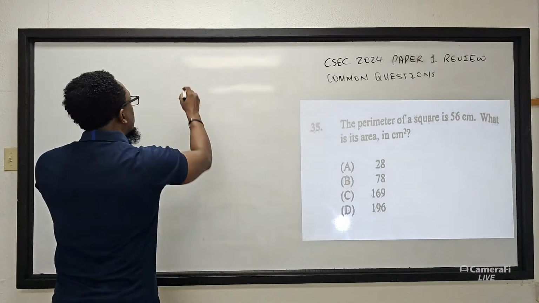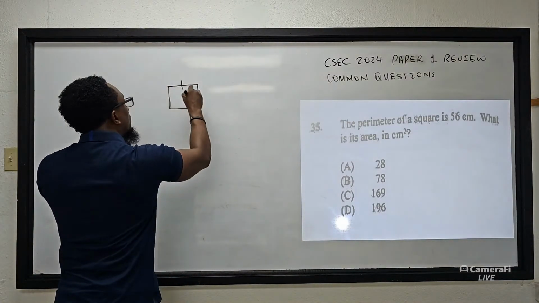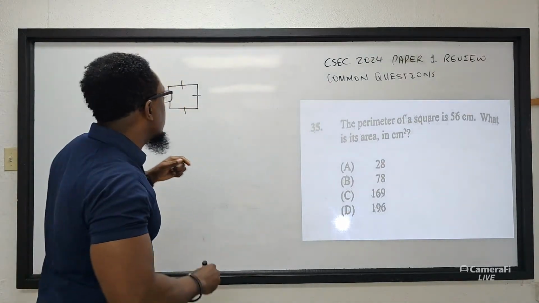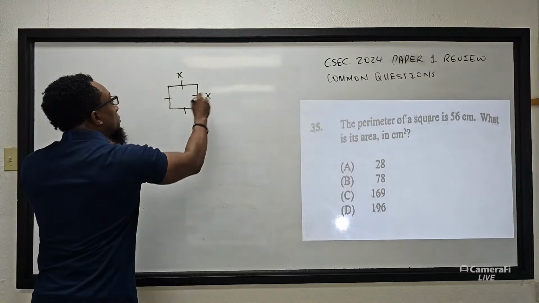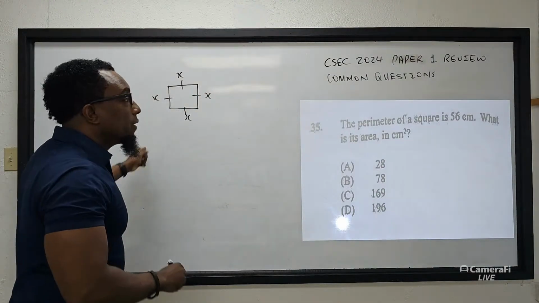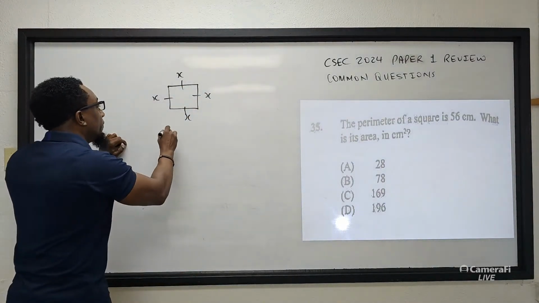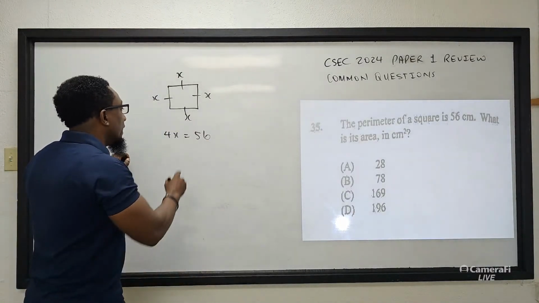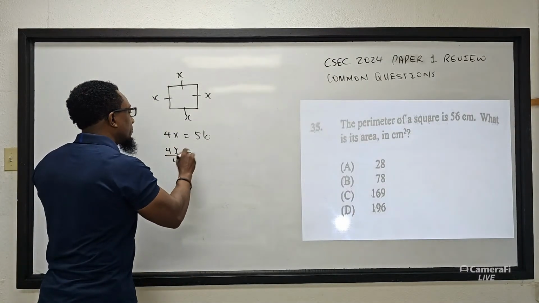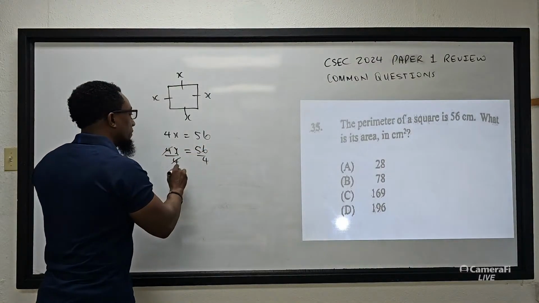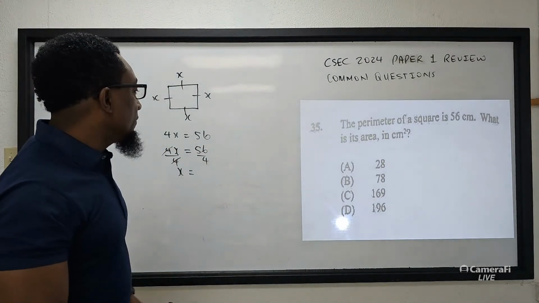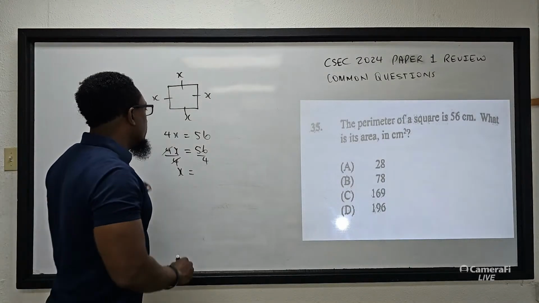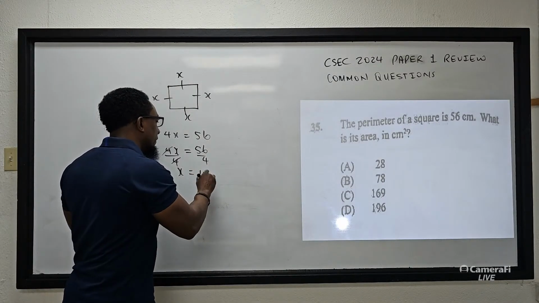So you have a square, you know all 4 sides are the same, and the perimeter of the square is 56. If this is x, this is also x, that's x. The perimeter is the distance around, so 4x is equal to 56. So we can determine the length of one side. x will be simply 56 divided by 4, which gives us 14.